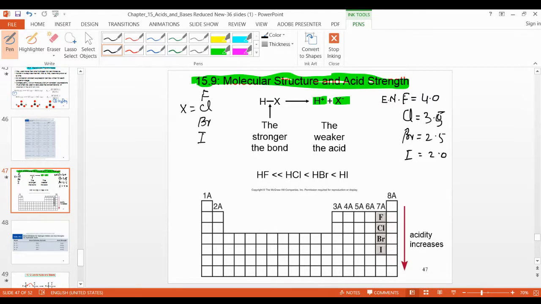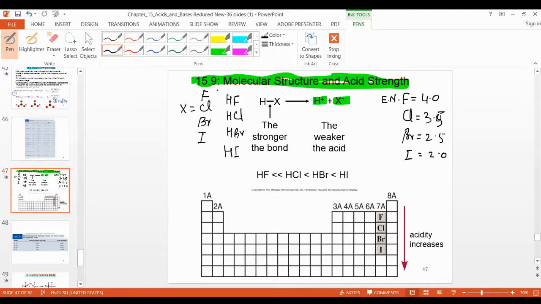So the more electronegative, the stronger the bond. So in the case of HF, HCl, HBr, HI, this bond is strong, so this acid is weak. You know why? What is the reason? This H is tightly bonded with F, and F cannot release H plus into the solution.